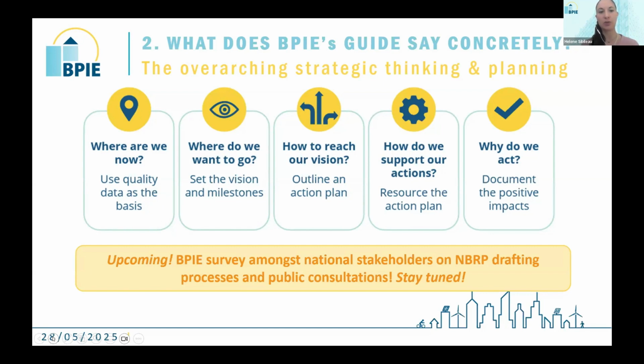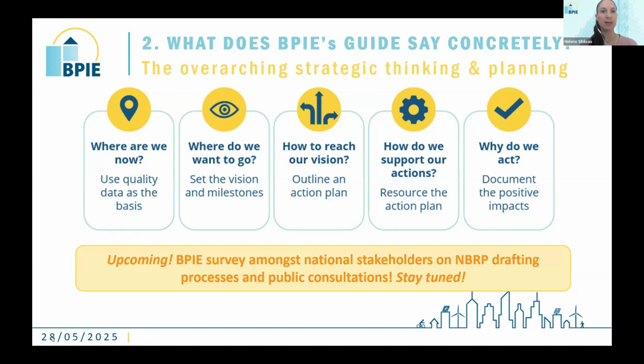And in this, I would like to already highlight that we will run a survey amongst national stakeholders during the summer to actually do a reality check on how the NBRP drafting process and especially the public consultations are going on in member states. So if you're interested and active on the topic, stay tuned for our communications channel or let us know. We'll be happy to get your input.